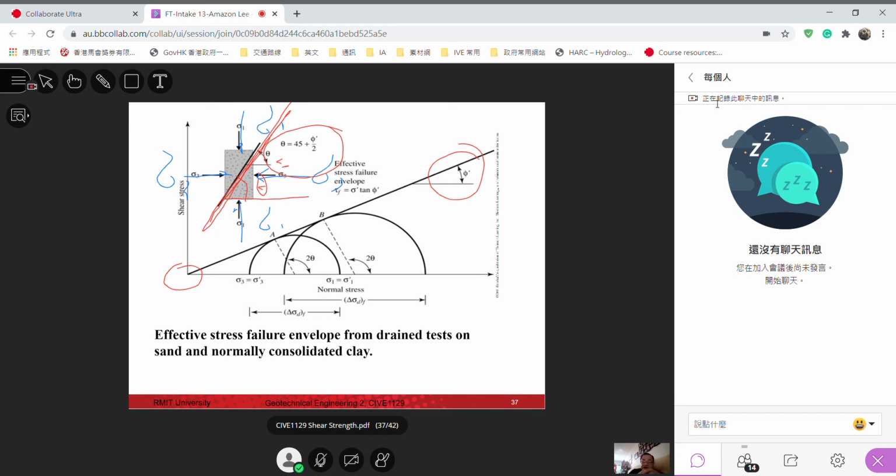Usually the GEO requirement is at least 3 tests, each with a different confining pressure. Now this diagram only plots the results of 2 tests, because if you plot another circle, then you can plot it here. Okay, another circle.